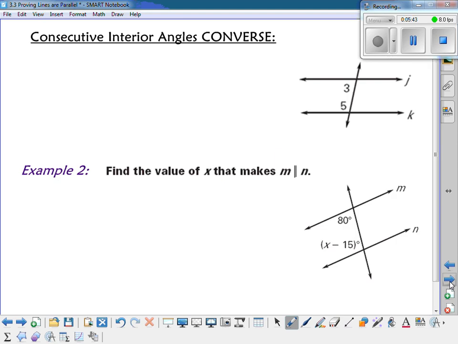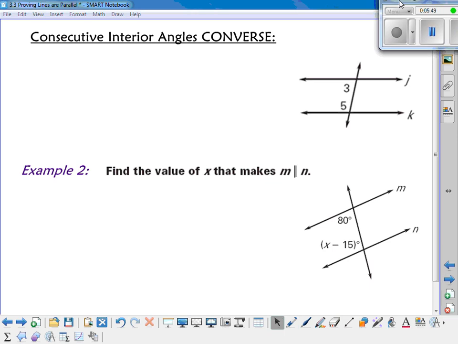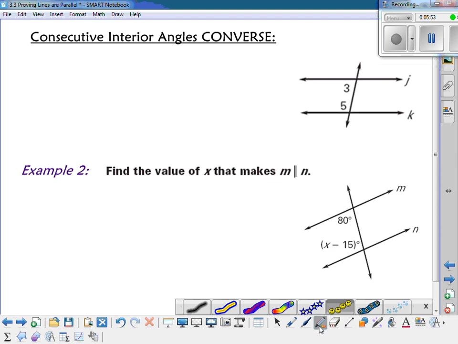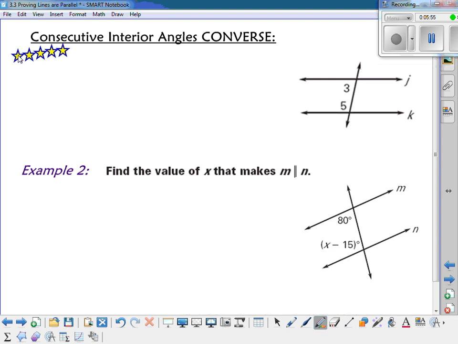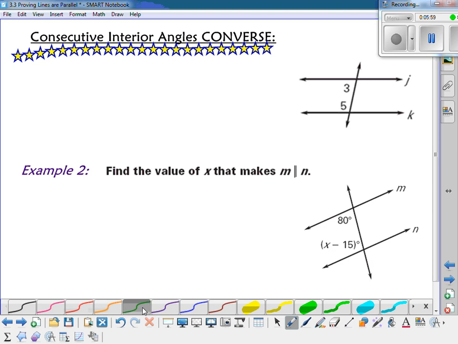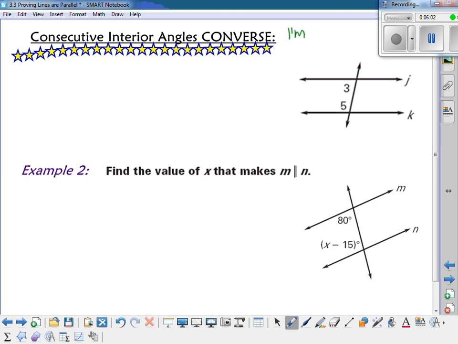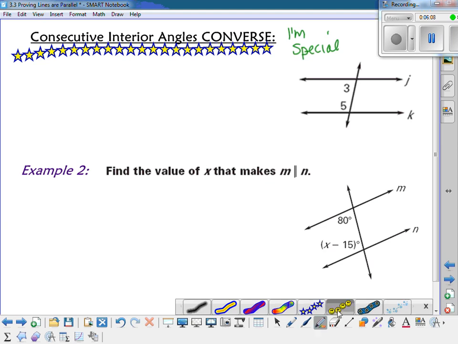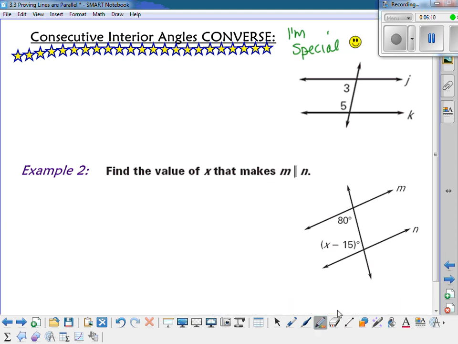The next one we're going to talk about is the consecutive interior angles converse. Now this one, hopefully you remember from before. This one's different, this one's special. He likes to stand out. I'm special. Let's give him a little smiley. Okay, this one's different.